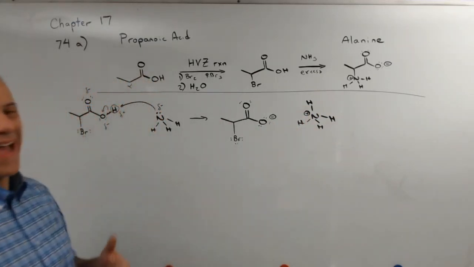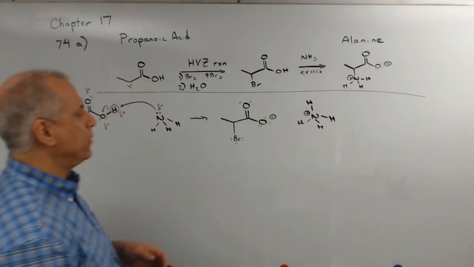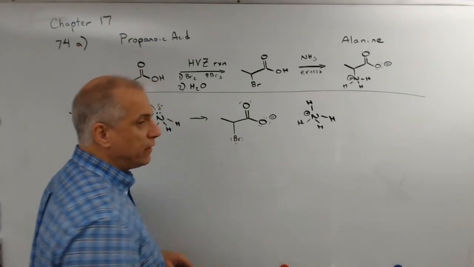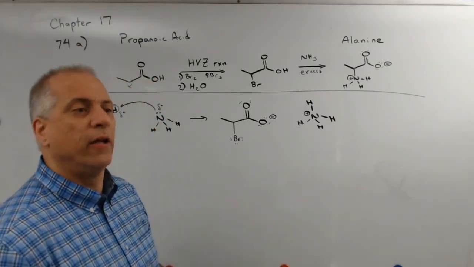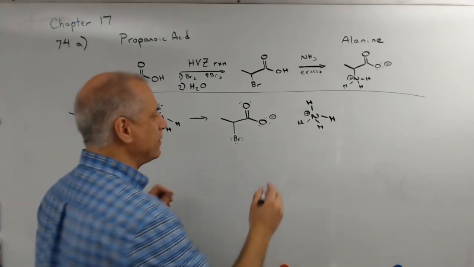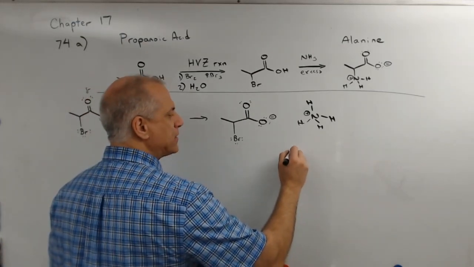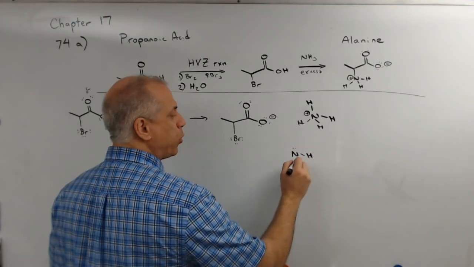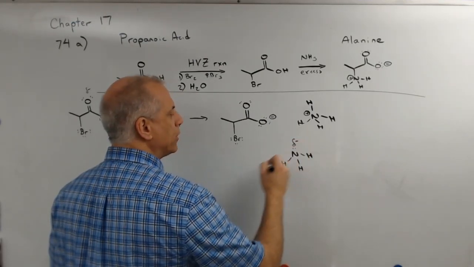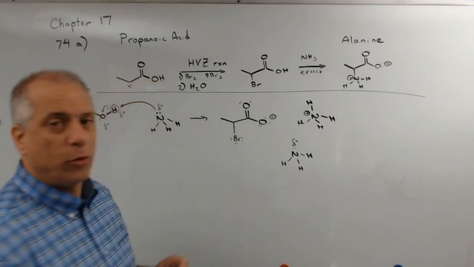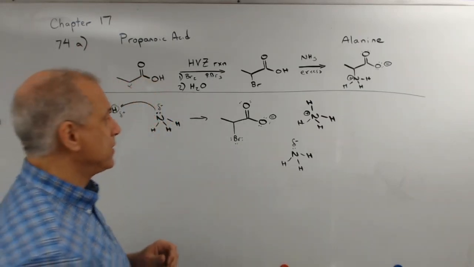But we have excess ammonia, and bromide is a good leaving group, and ammonia is a decent enough nucleophile. Now, ammonia doesn't attack in an SN2 manner if you have a poor leaving group, but if you do have a good leaving group, such as a bromide, ammonia can attack in an SN2 manner.